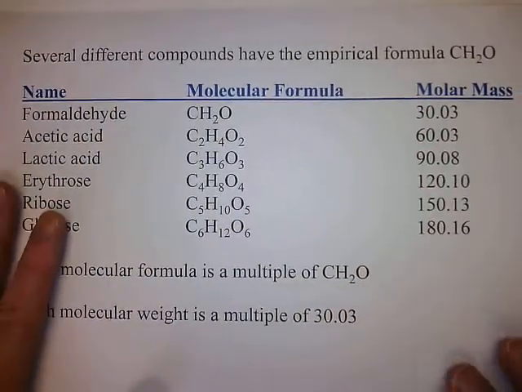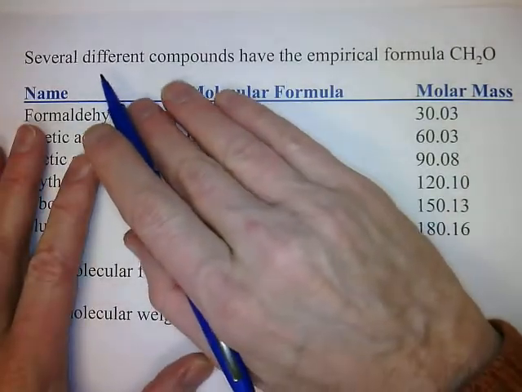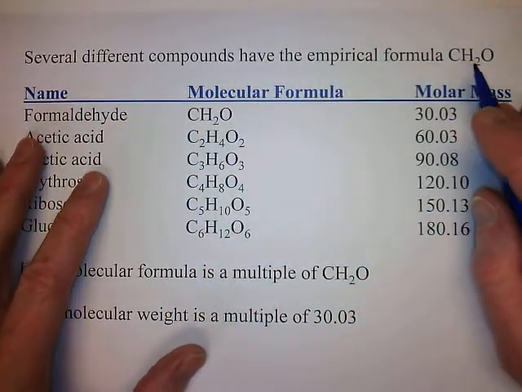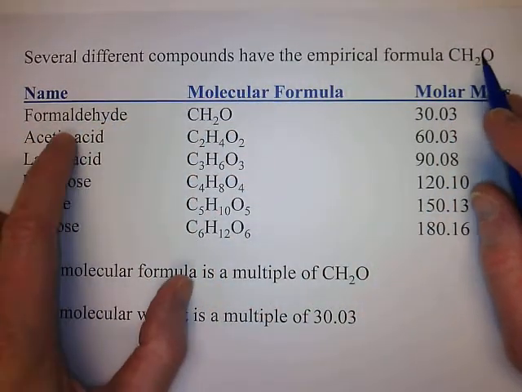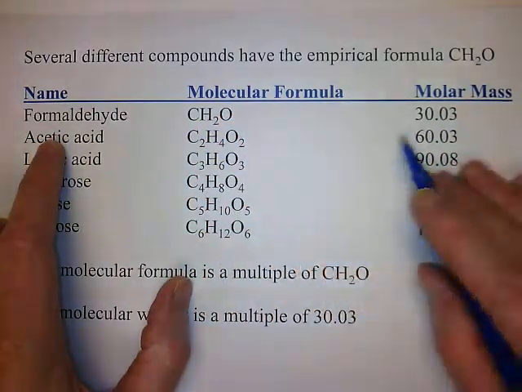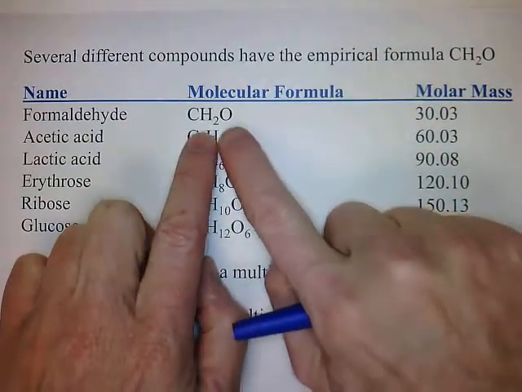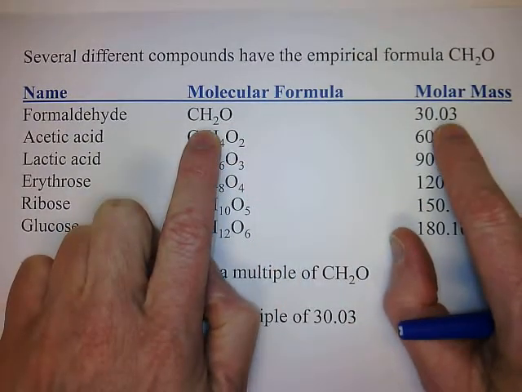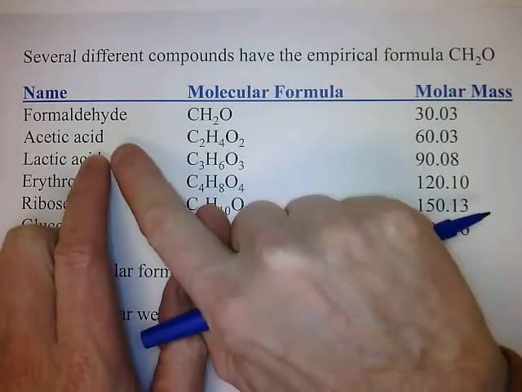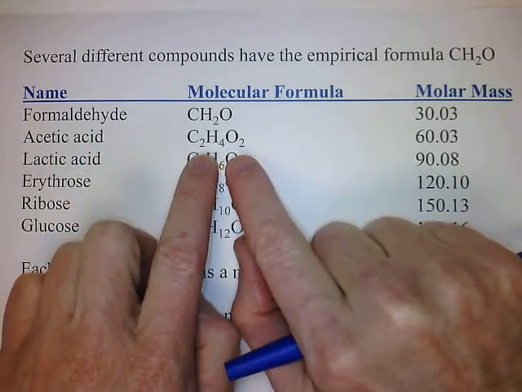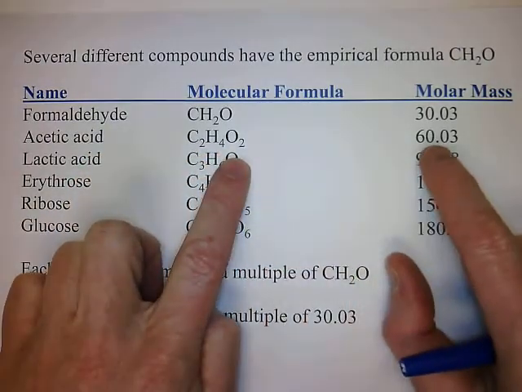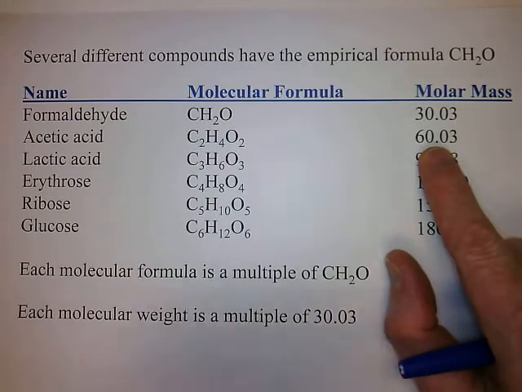So it's possible for several compounds to have that same empirical formula. For example, formaldehyde, CH2O, has this molecular formula. Its molar mass is 30.03. Acetic acid, C2H4O2, molar mass 60.03.